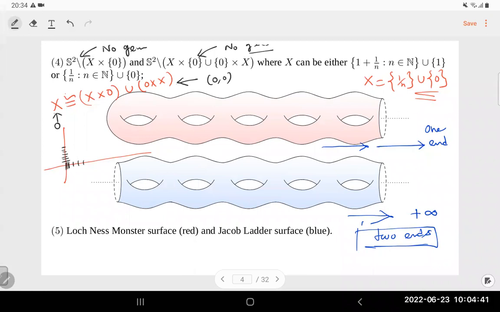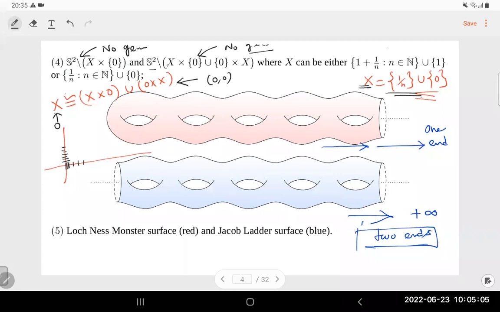More concretely, we need countably many handles. Since there is no genus or no handles, we don't need to check the number of handles. So it is basically 0, and it is also basically 0. So these two surfaces, when X equals 1 upon N, this surface is homeomorphic to this surface.